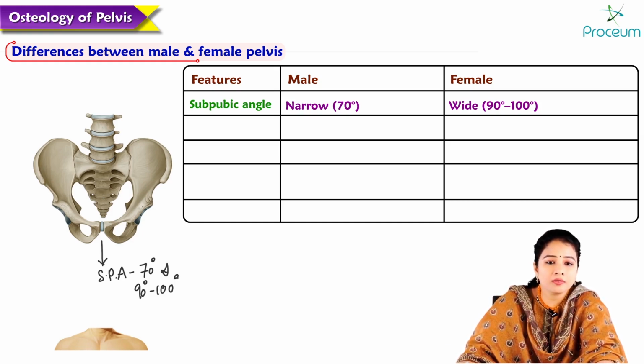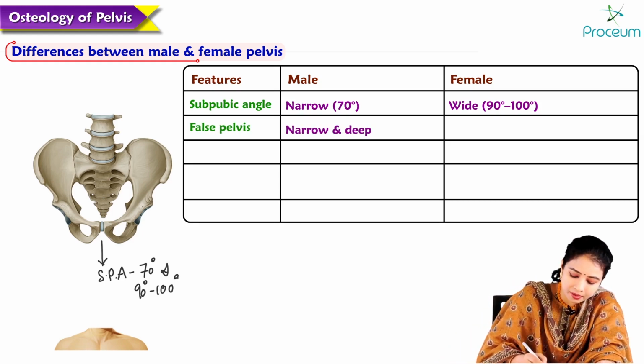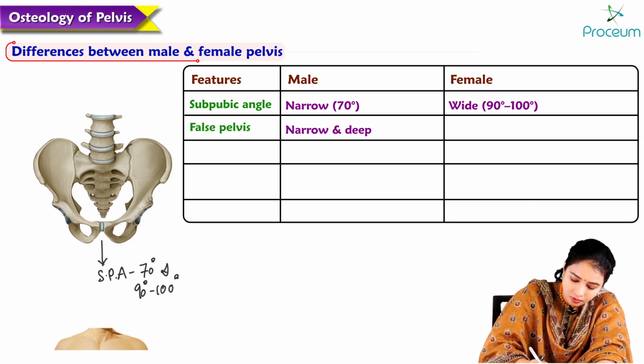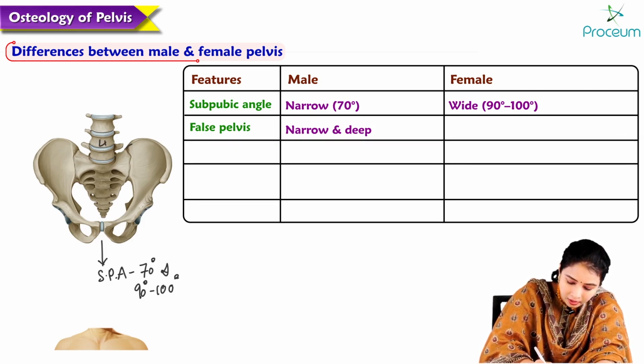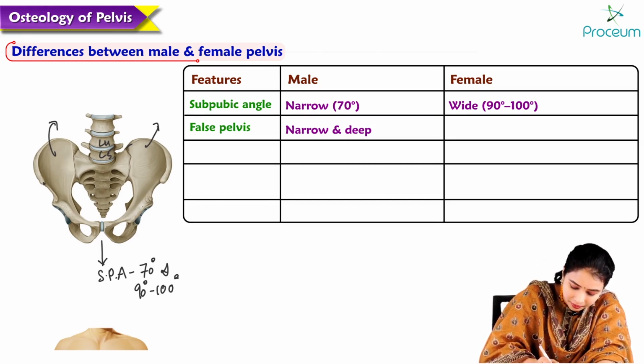And the next important difference is the false pelvis. False pelvis is narrow and deep in males. So this is the false pelvis, posteriorly bounded by L4, L5, and anteriorly it is deficient, where on each side we can see the ala of ilium, till the pelvic rim, till the inlet of pelvis.